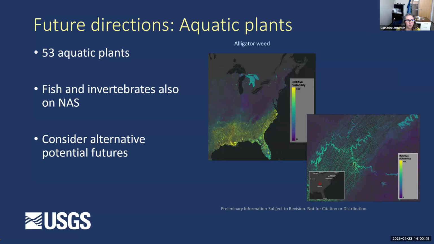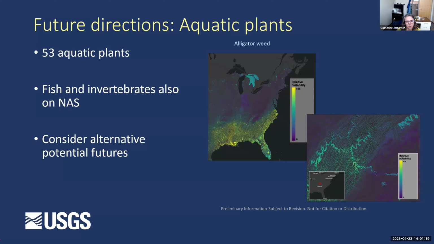Another project we're working on in partnership with people with USGS, with the Non-Indigenous Aquatic Species Database out of Gainesville. With this effort, we have fit models for 53 aquatic plant species using predictors for river or lake environments.